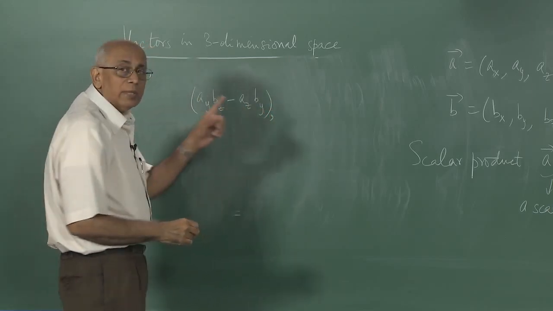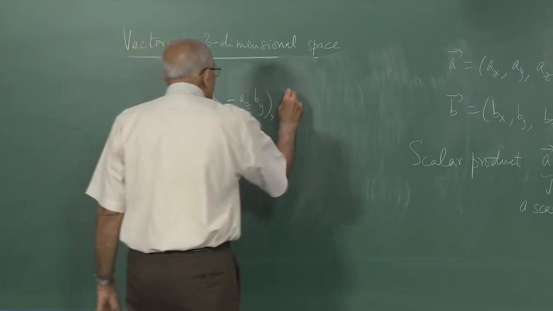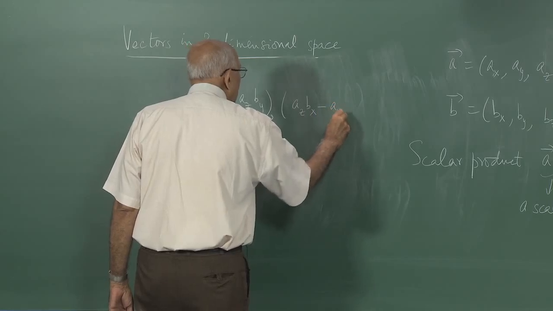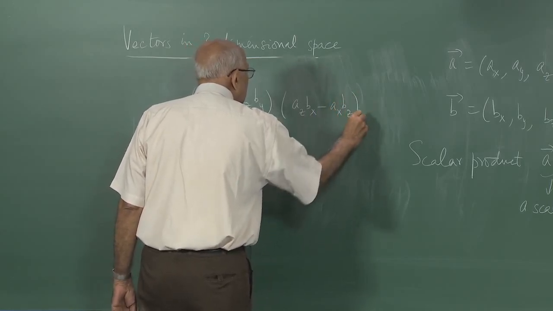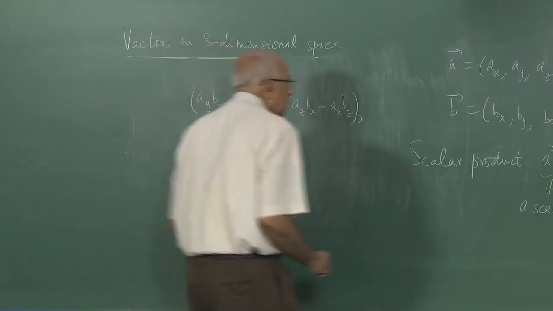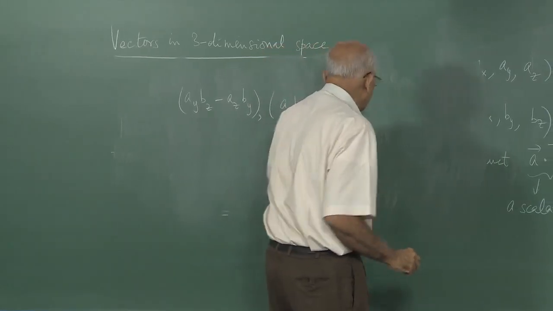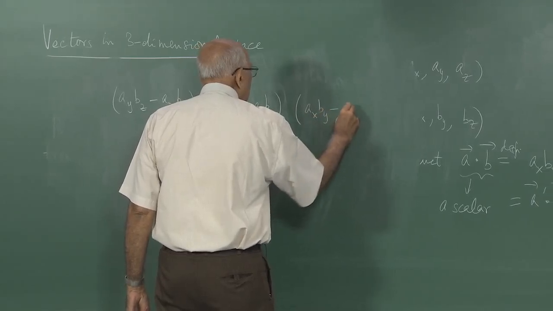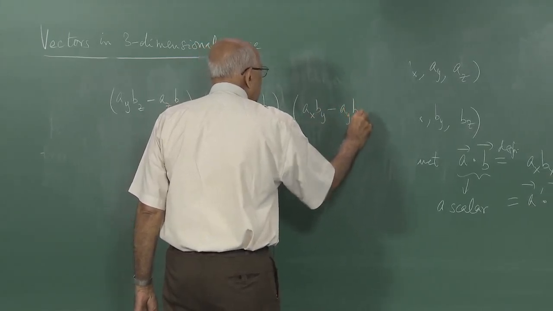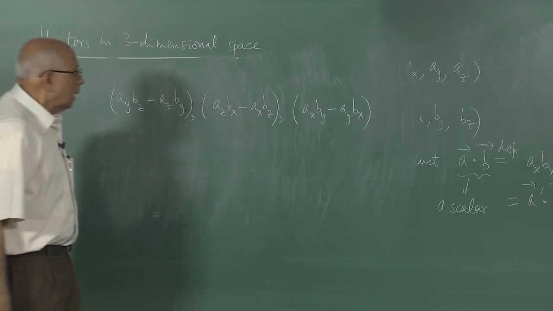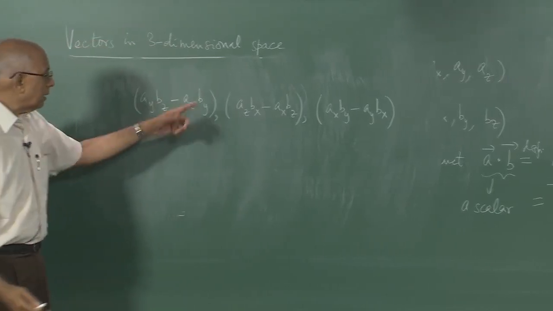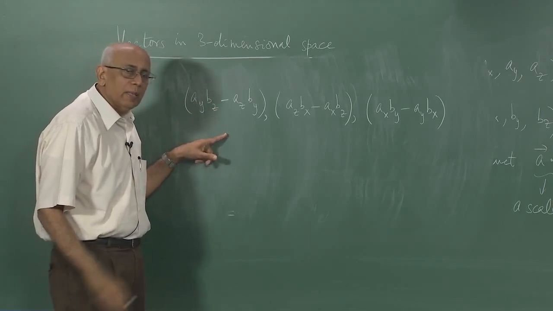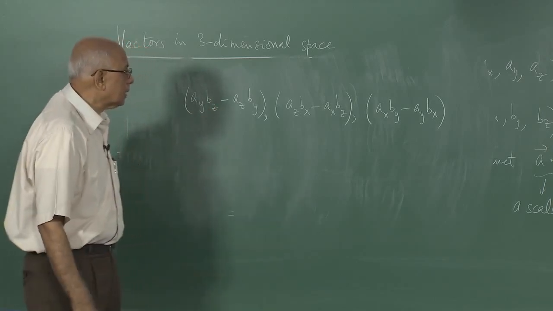But we have 2 more such combinations possible, and that is az bx minus ax bz, and the third possibility is ax by minus ay bx. And those are the only possibilities for these antisymmetric combinations of one component of A with another component of B, and then in the reverse order, this kind.